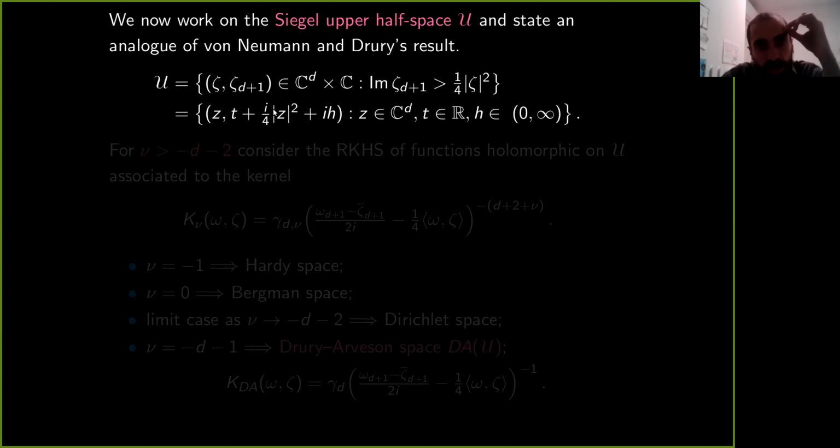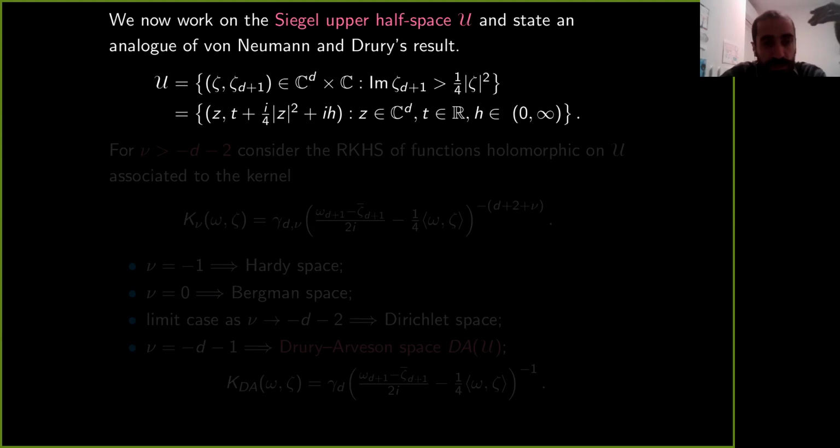And for the imaginary part, we write i/4 mod square of z plus ih. So if h is equal to 0, then we are on the boundary of the domain. If h is positive, we are in the interior, in the domain. So h is a sort of height over the boundary of the domain, let's say.